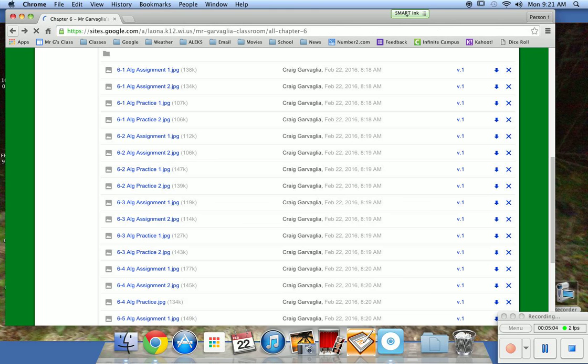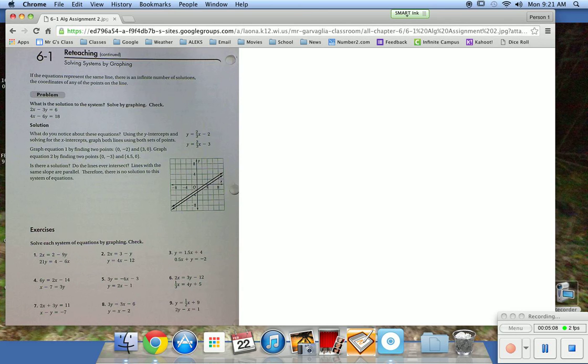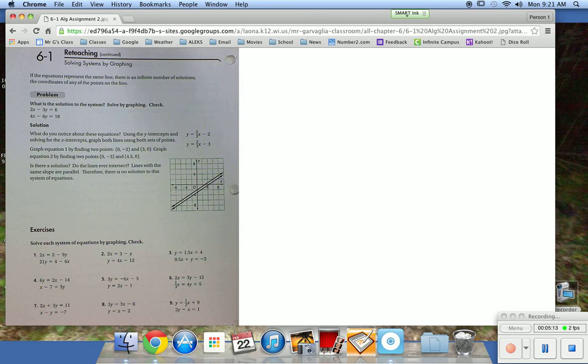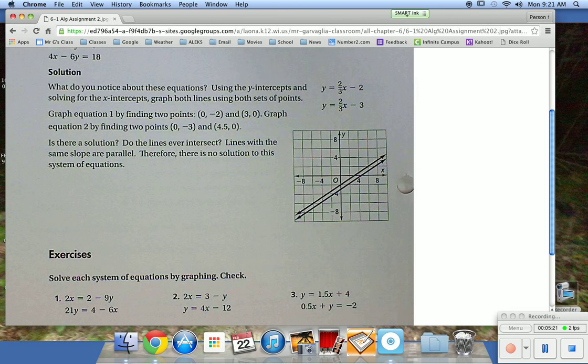Let's jump over to the next slide. What happens if you get a graph that looks like this? They're parallel to each other. No solution.